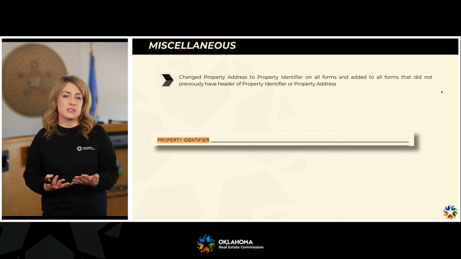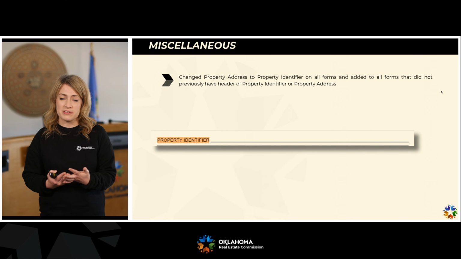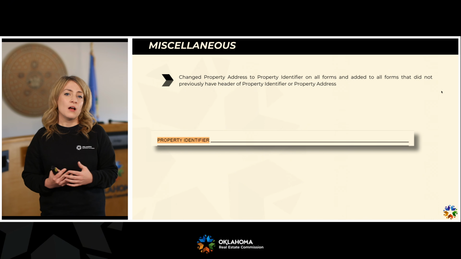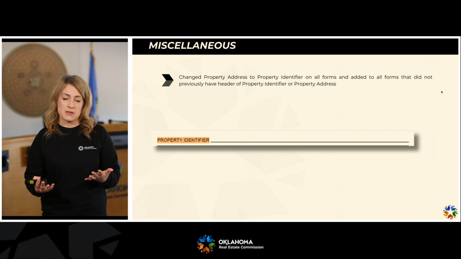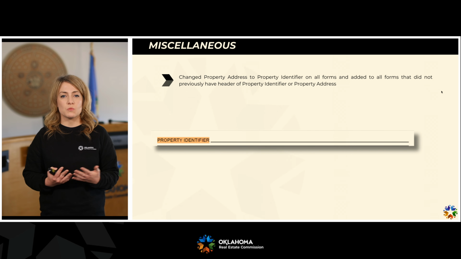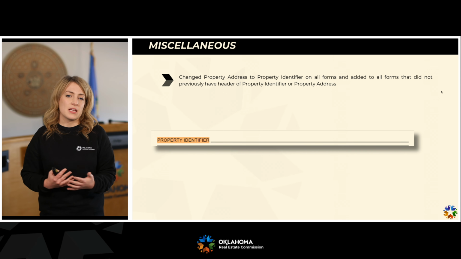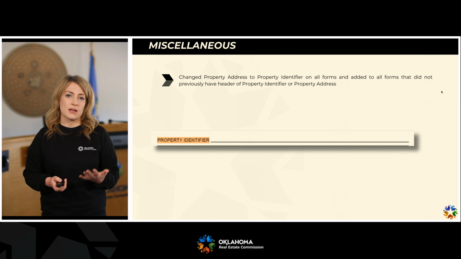And we decided for consistency to help you, your broker, and your transaction coordinators out to add that right to the header of all forms except, of course, the BBA. And we chose the word property identifier because we felt that that was more encompassing for other contracts that might not be related to a specific address.